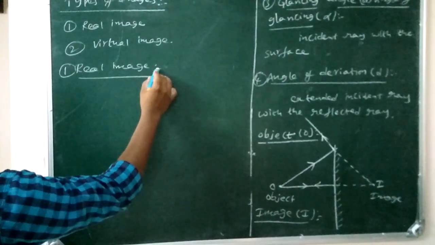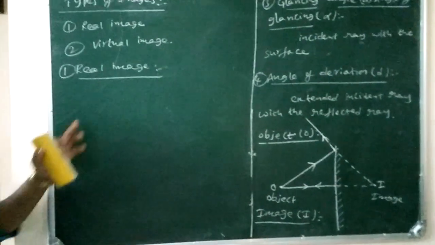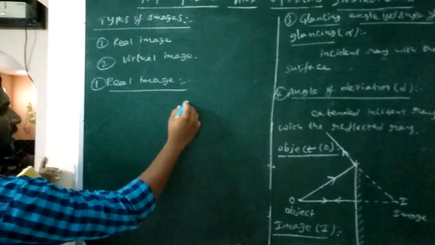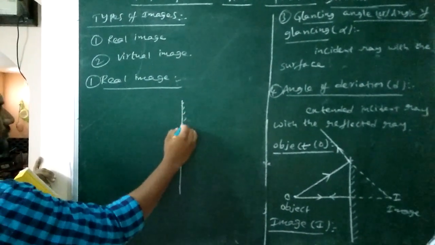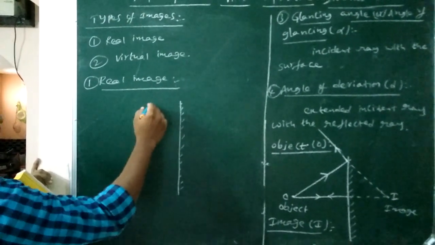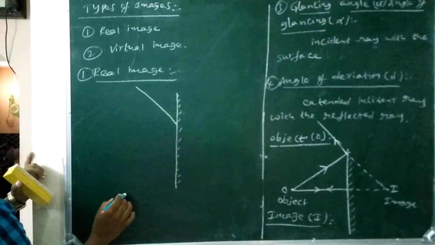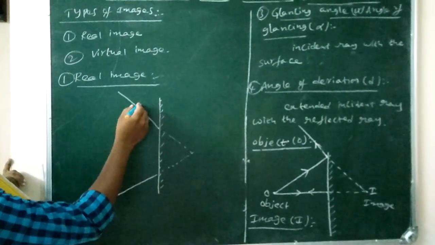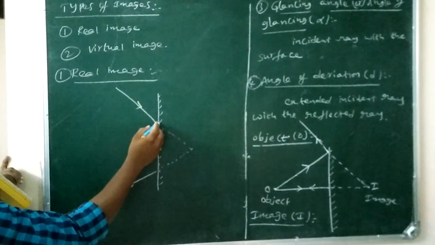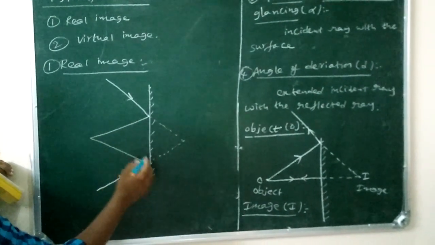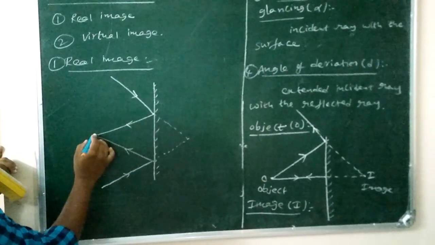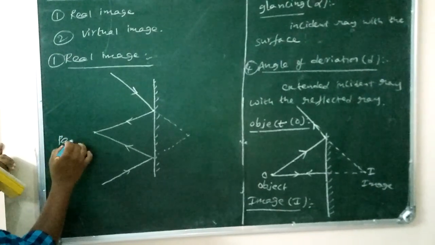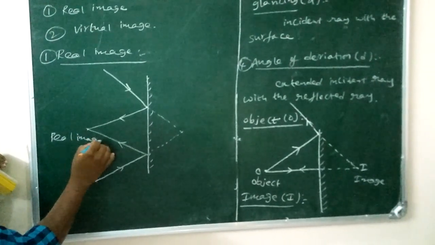If the reflected rays intersect, then the point of intersection is called a real image. Consider the plane mirror. This is the real image.